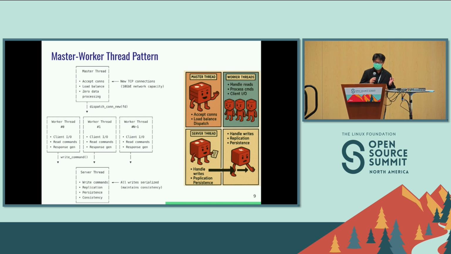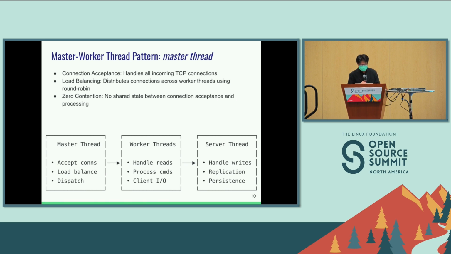And then we can delegate the write command to the server thread. So it deals with almost all the write operation here. So this is the interaction among master, worker, and server thread.